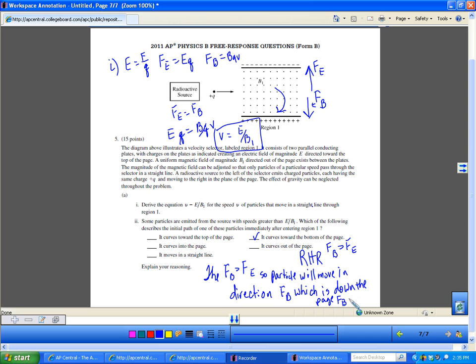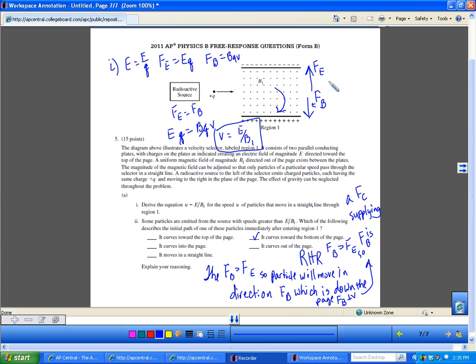That force is perpendicular to the velocity. So FB is supplying a centripetal force, causing it to go in a circle.